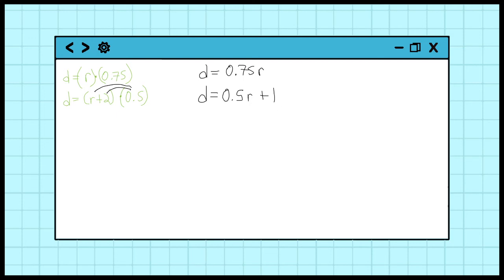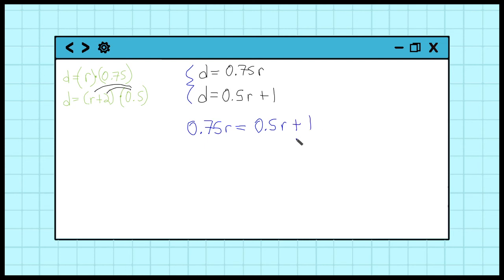Now that I have these two ways to define distance, I can just set them equal to each other. 0.75 R is equal to 0.5 R plus 1.